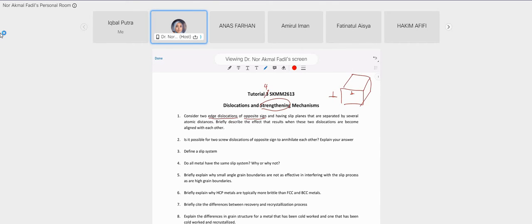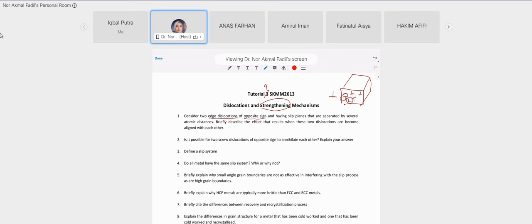So opposite sign means that somewhere here we have a facing up edge dislocation, and in the other region they are facing down. Okay, something like this. So let's say we have two edge dislocations, 1 and 2, of different direction or opposite signs, and having slip planes that are separated by several atomic layers. Okay, so let's say they are just apart by several atomic layers.